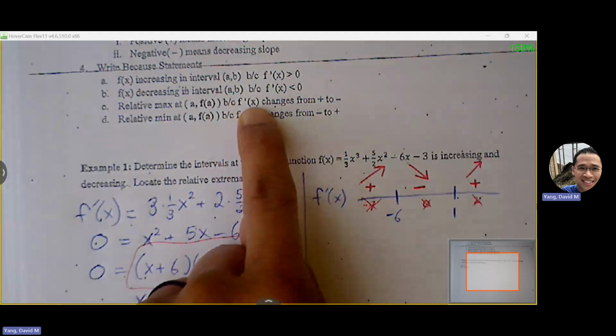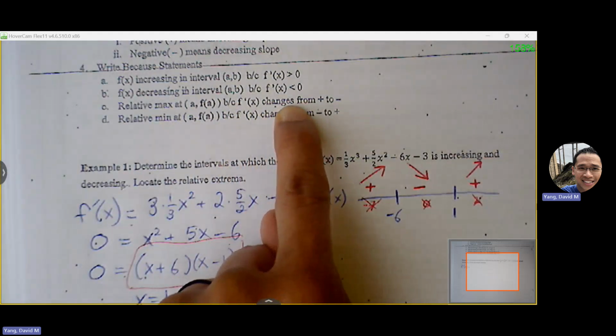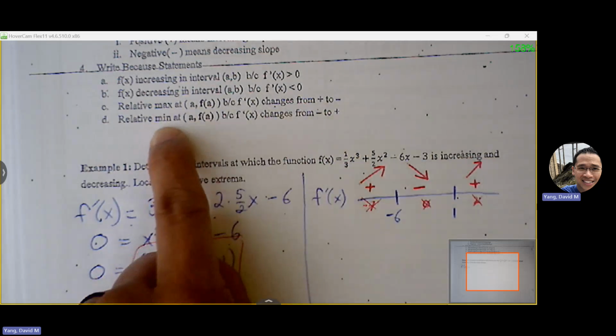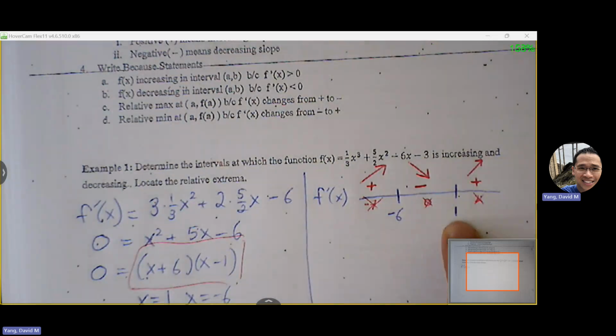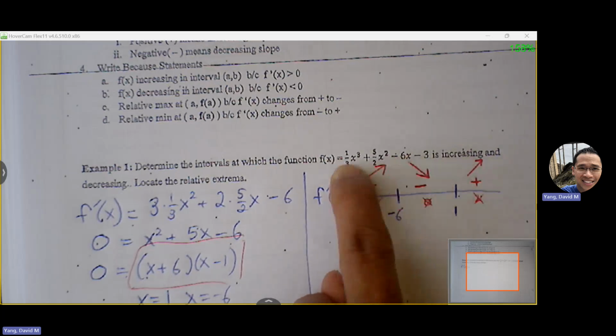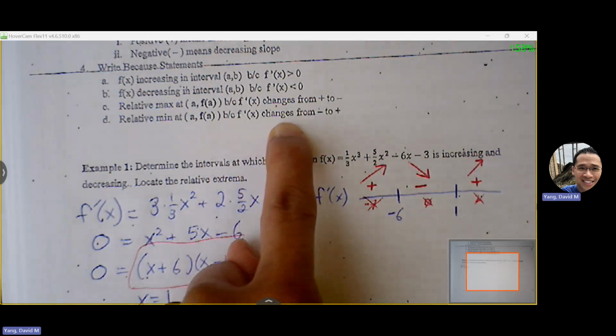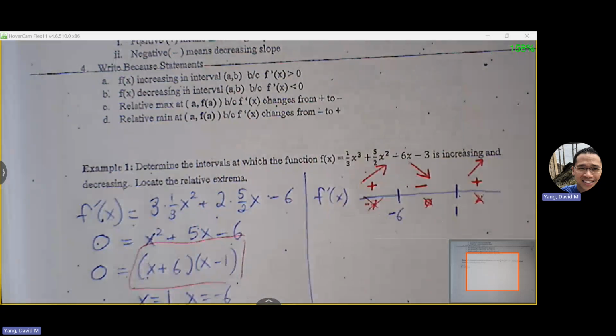And then your justification is because f prime changes from positive to negative. Okay, so we also have justification for relative max and relative min. There's a relative minimum at 1. If I want to find the full ordered pair, plug 1 into the original function. That'll give me my ordered pair, my x and my y value. And the justification is because f prime changes from negative to positive.